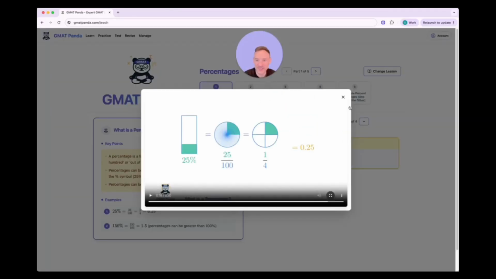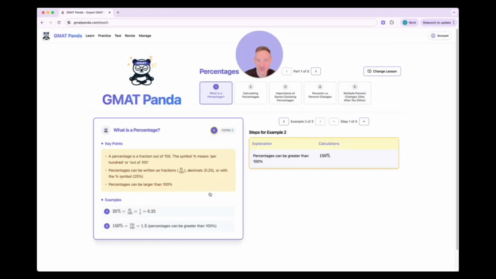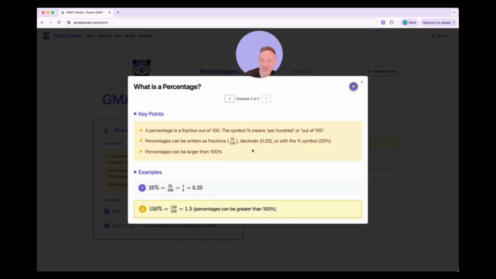One thing that it is very important to understand, though, is that that portion can sometimes be larger than the whole. So, just like in fractions where you can have fractions bigger than 1, you can have percentages that are larger than 100%.